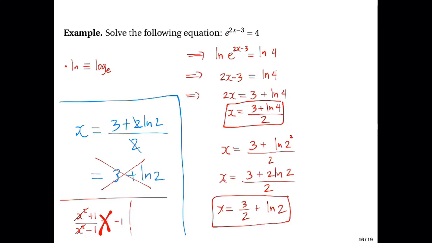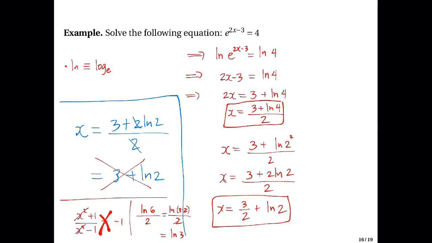Some students will do this. ln of 6 divided by 2, and oh, 6 is equal to 3 times 2. So they will write ln of 3 times 2 divided by 2, and now we cancel the 2 there, so we'll just have ln of 3.